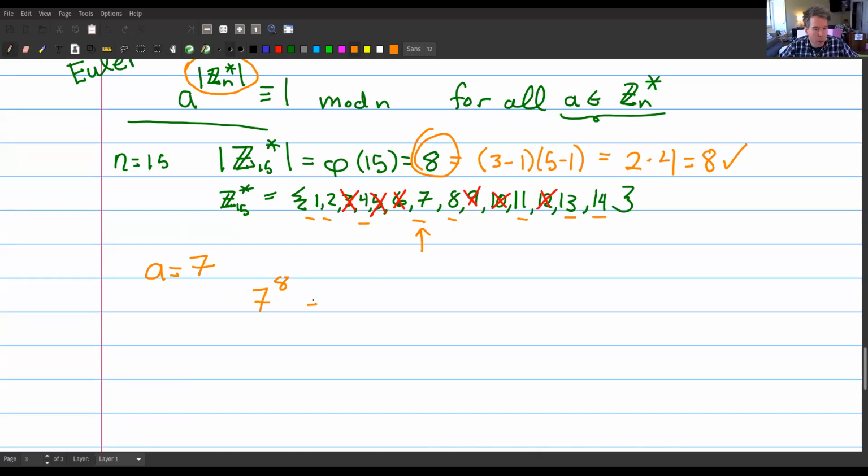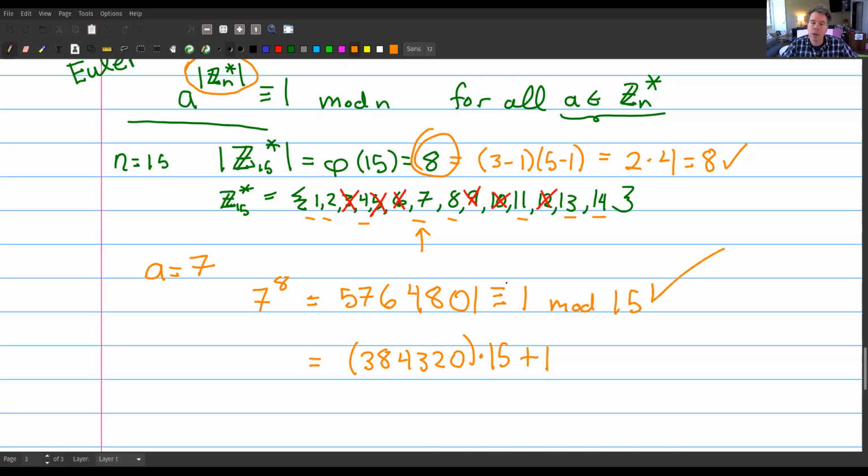So 7 to the 8th power turns out to be 5,764,801. And so this is equal to 384,320 times 15 plus 1. So it's congruent to 1 mod 15.